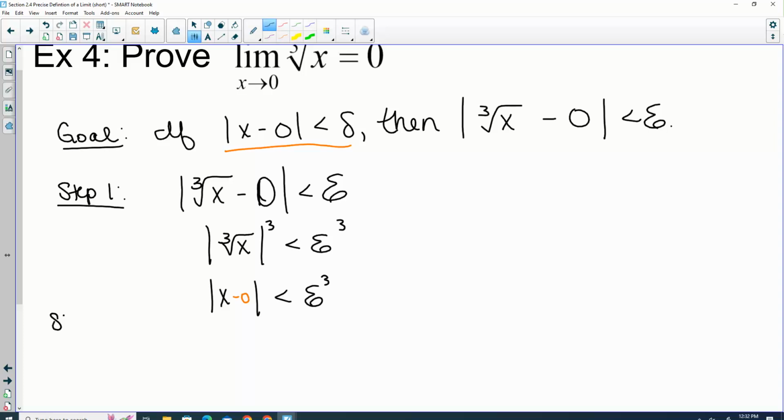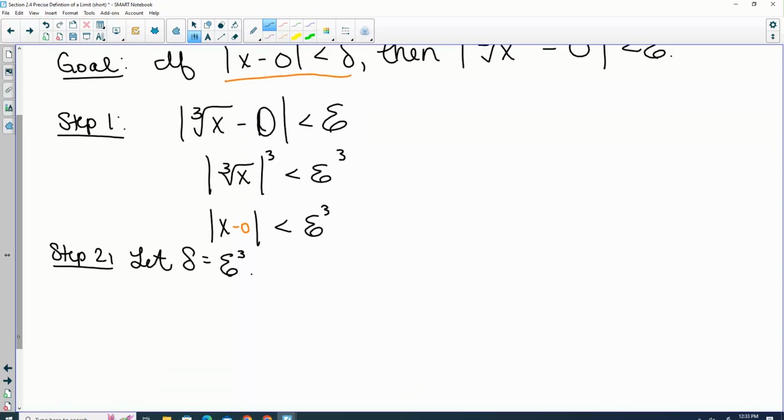So step 2, I have to tell first what delta is equal to. So my delta is going to be epsilon cubed. And then we rewrite that definition up until the less than epsilon. Okay, we can't write that part yet.